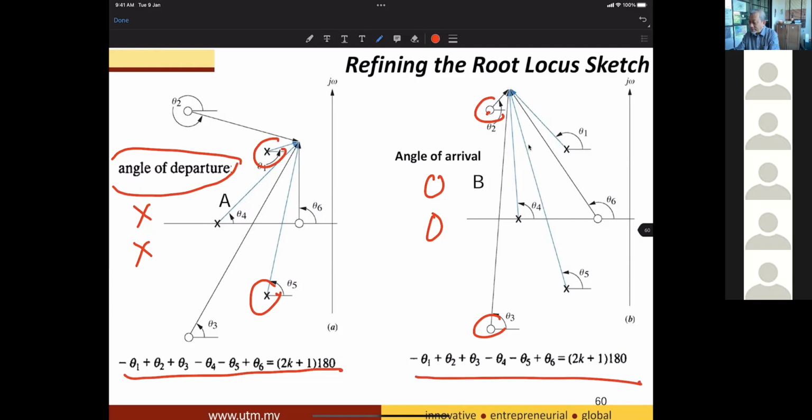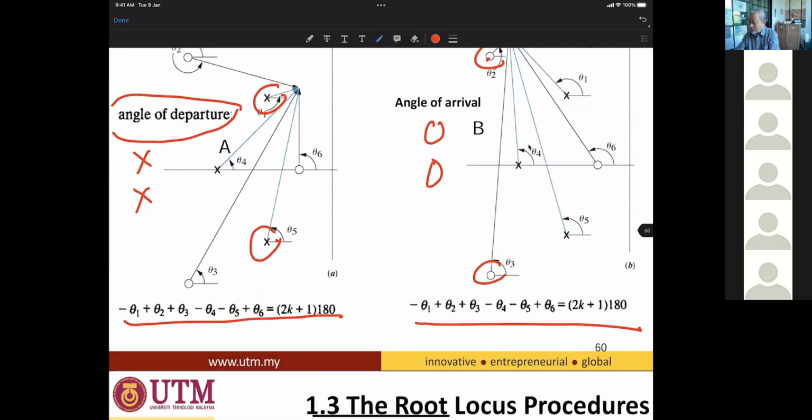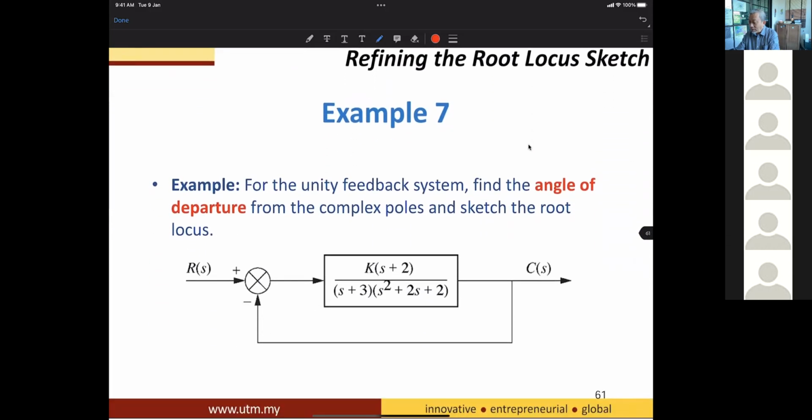It's like an aeroplane, arrival and departure.